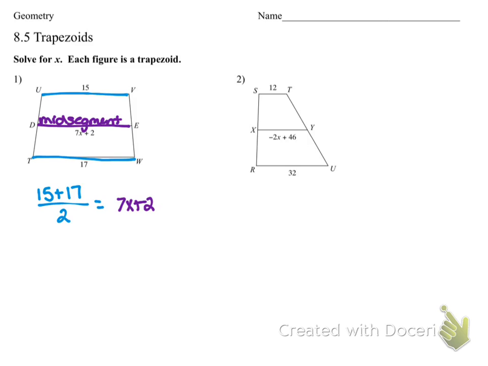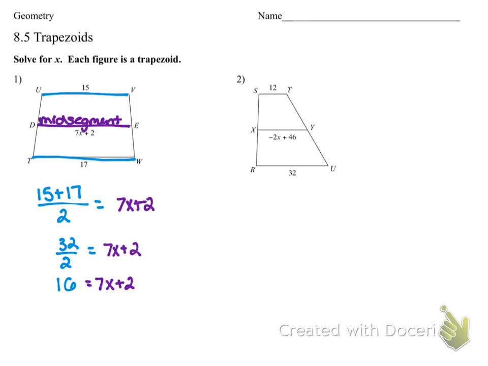So 15 plus 17 is going to give me 32. So now I have 32 divided by 2 is equal to 7x plus 2. Well, 32 divided by 2 is just going to give me 16. So now I have 16 equals 7x plus 2.